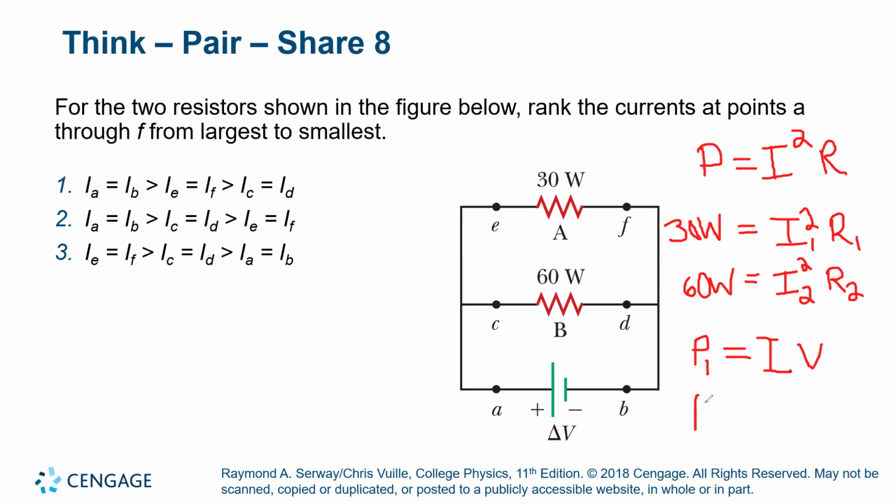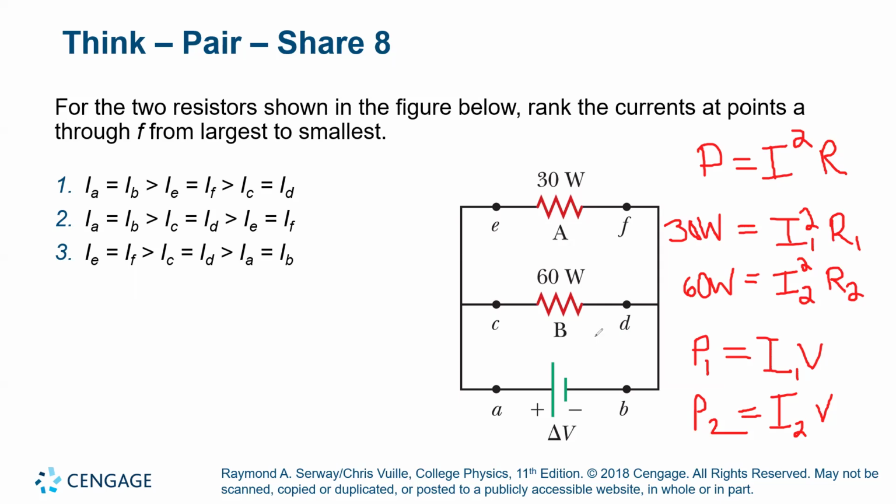And P2, so this is V constant, but I don't have a constant I, so I'm going to say I1. And P2 is I2 times V. Now I can see clearly, because the V's are the same, if P1 and P2 have a ratio of 1 to 2, then the currents have a ratio of 1 to 2.